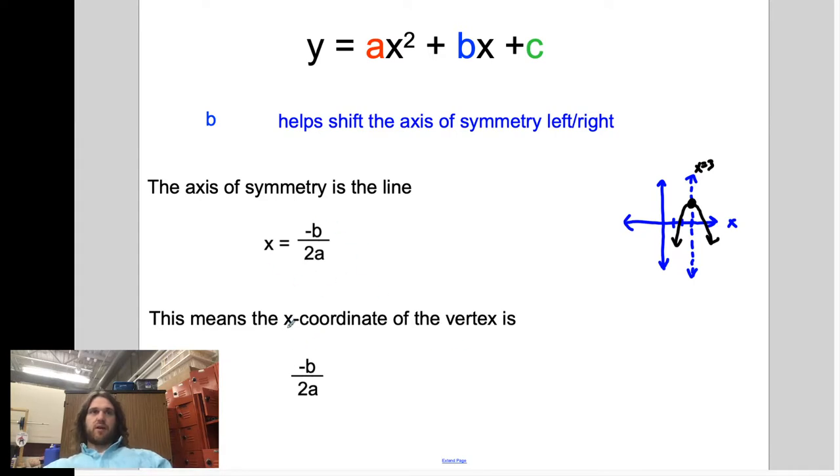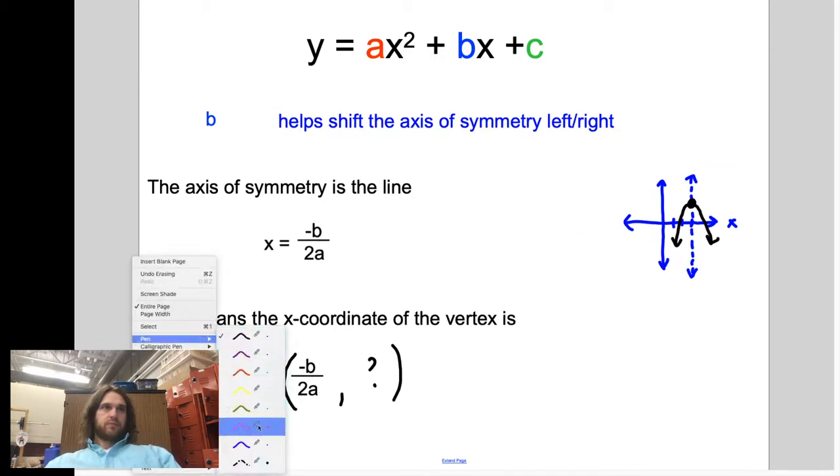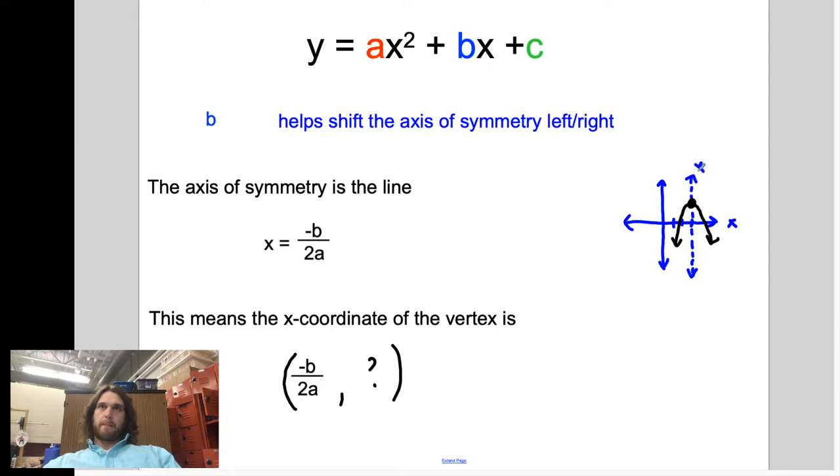So it means that the x-coordinate of the vertex is going to be -b over 2a, comma, something, and I'll tell you what that something is in just a minute. Okay, great. So it's going to be a vertical line.